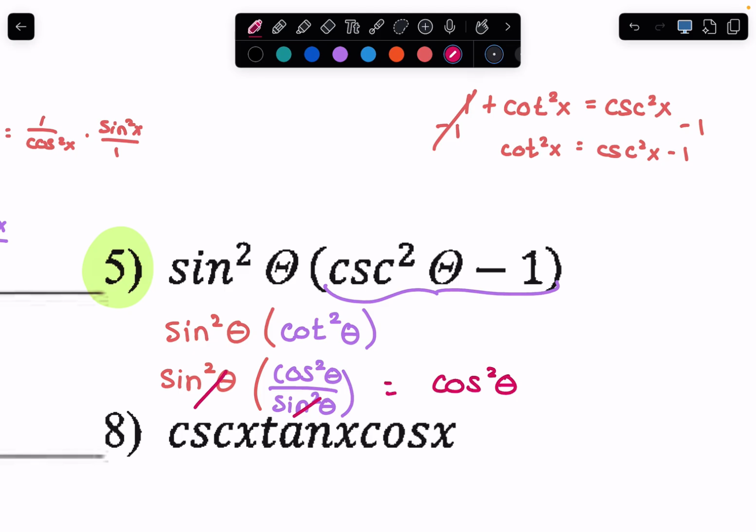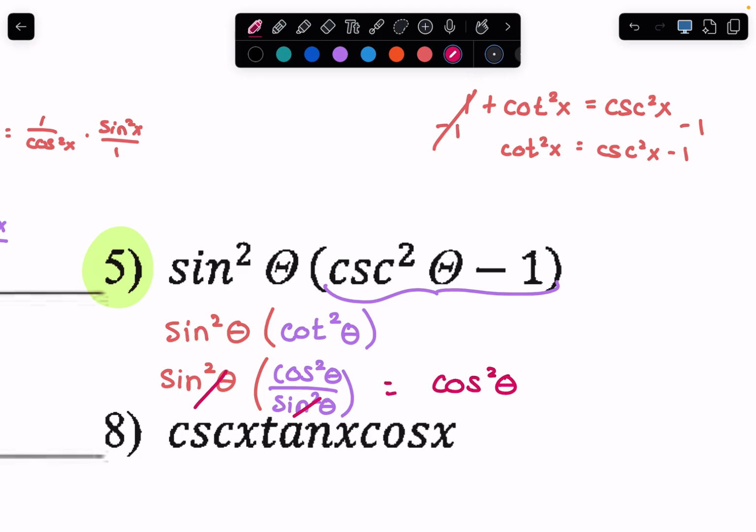What else could you have done at the beginning? Let's say that you didn't recognize that cosecant squared minus 1 was an identity, that it was actually cotangent squared. What would you do? Algebraically, what are we going to do? We could distribute, right?